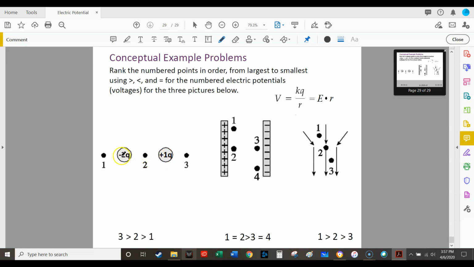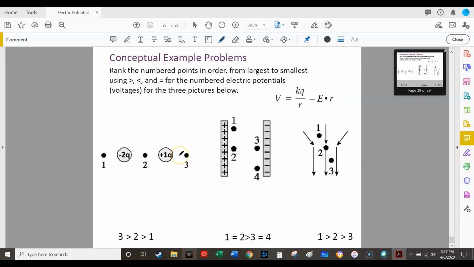If this was a negative 1Q and a positive 1Q, you could call the voltage right in the center 0. That's a clue in doing this. So I want you to pause the video now and attempt this problem. All right, here we go.